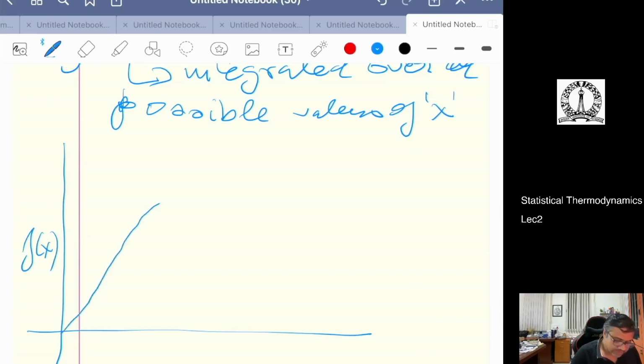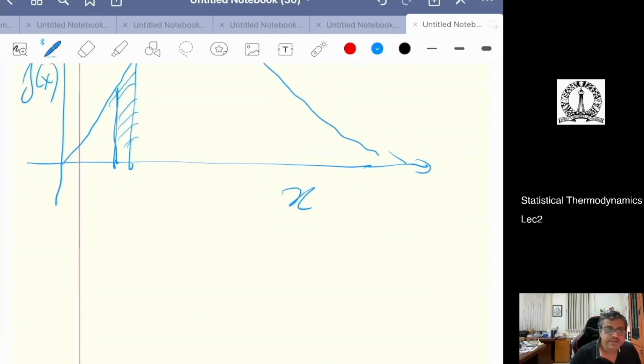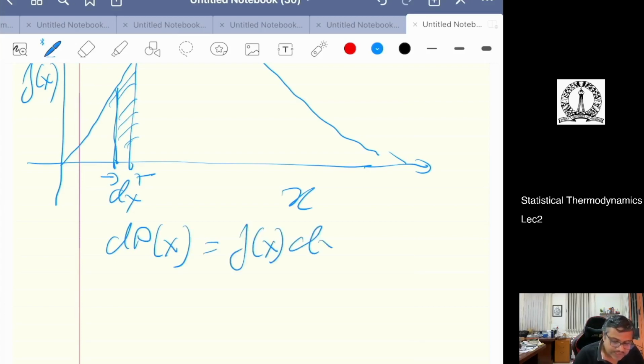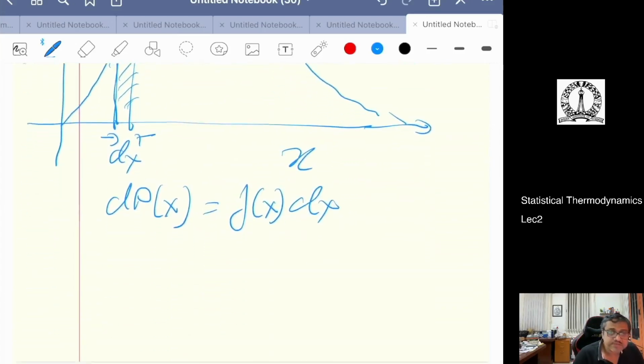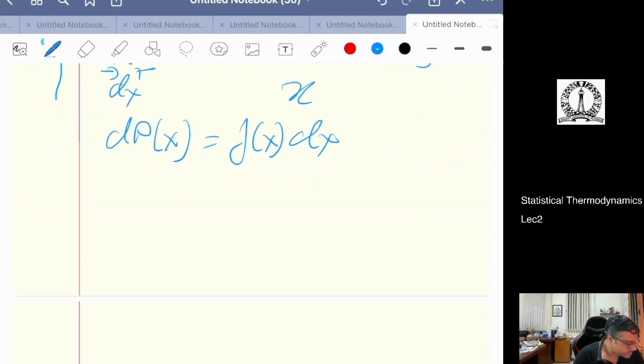So this is something like a graph like this. For example, this is x. So this is the graph f(x), and let's mark a shaded region here for convenience. So this is basically a small segment which is dx on this particular graph. So if I write dP(x), that will be f(x) into dx.